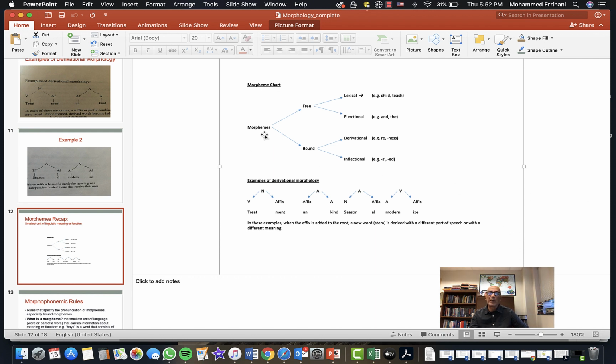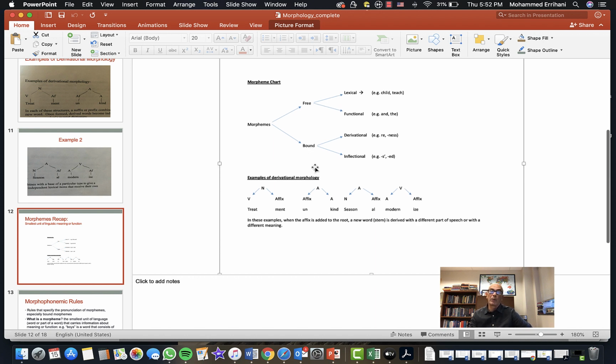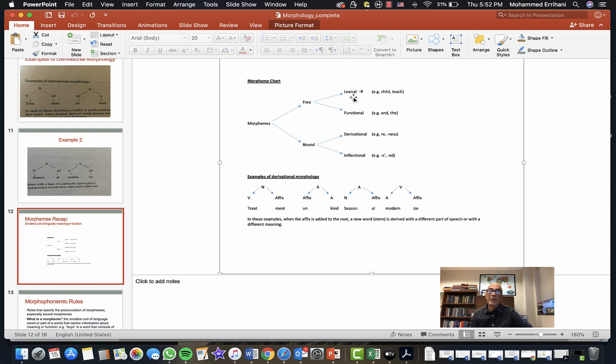So a morpheme, as the smallest unit of a word, consists of a free or bound morpheme. It can be either a free morpheme or a bound morpheme. Now, if it's a free morpheme, it can be lexical, for example, child, or the verb teach, or it can be functional.